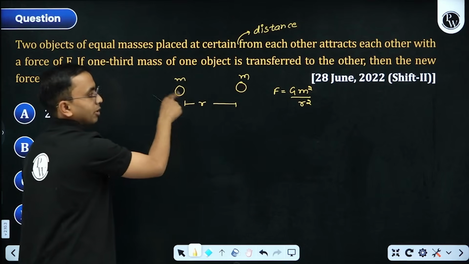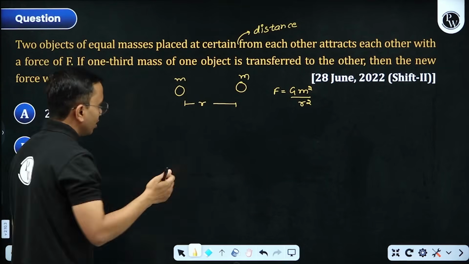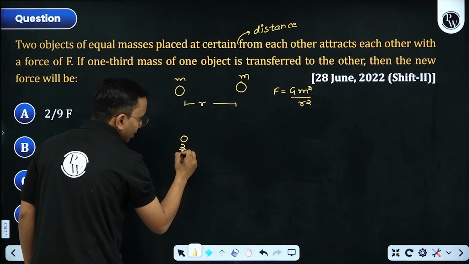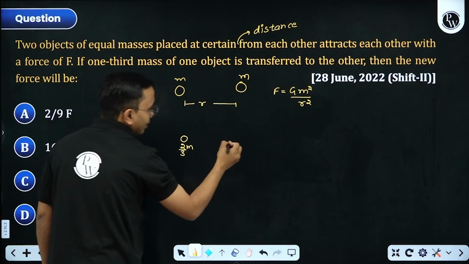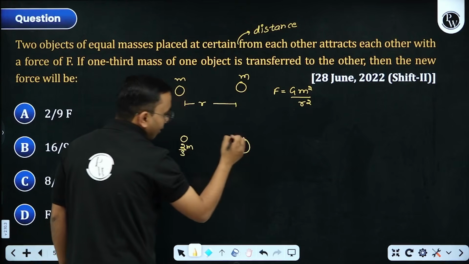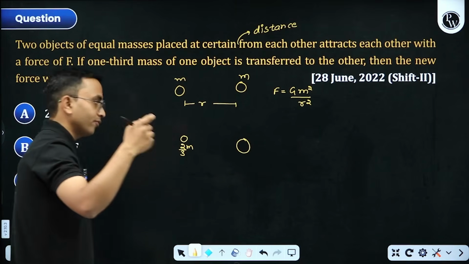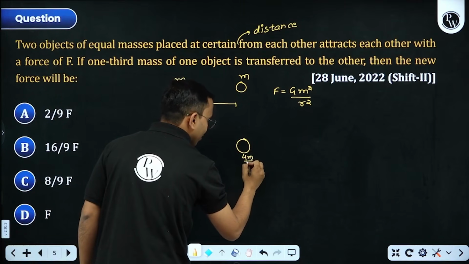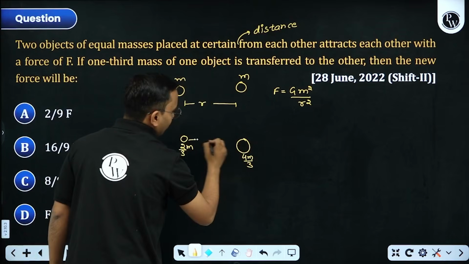So what will be the remaining mass? Remaining mass will be 2/3, since 1/3 is transferred. So this is my 2/3 m. And this will become m plus m/3, which is 4m/3. The separation is the same, r.